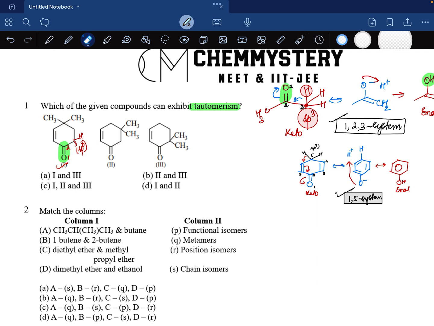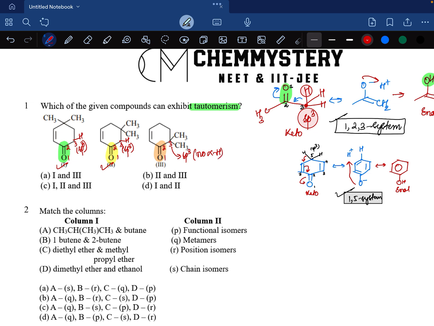In the second case, if I number 1, 2, 3, again the third carbon is sp3 hybridized and also contains alpha hydrogen. So here also keto-enol tautomerism is possible. In the third case, this is the system. If I number it 1, 2, 3, the third carbon is sp3 hybridized, but there is no alpha hydrogen present.